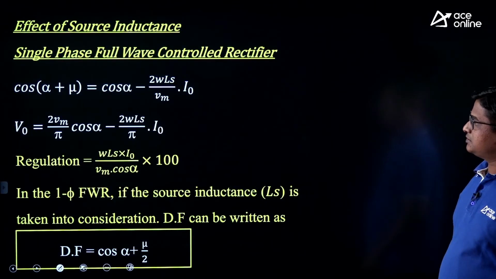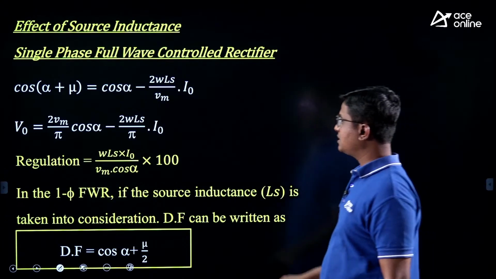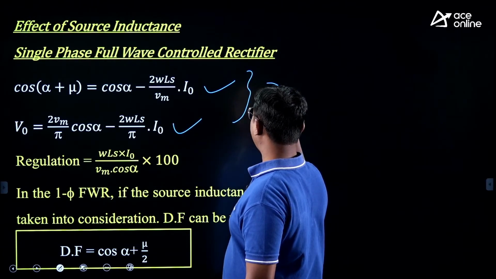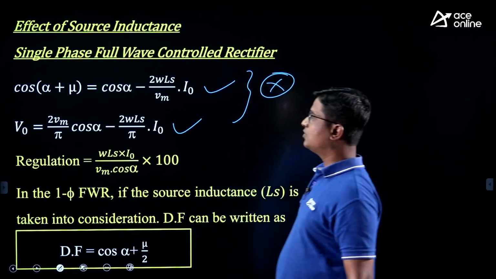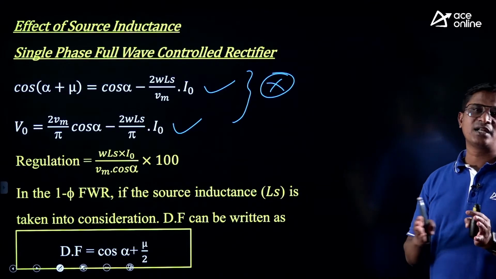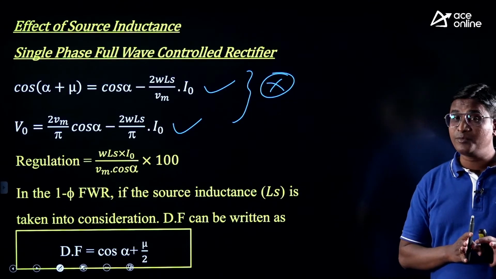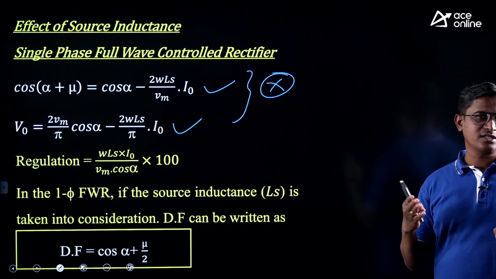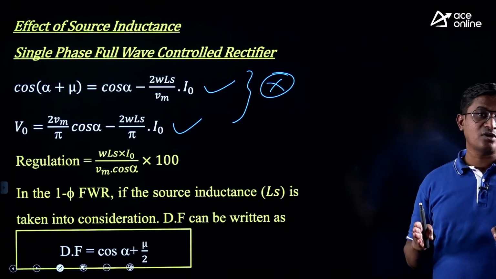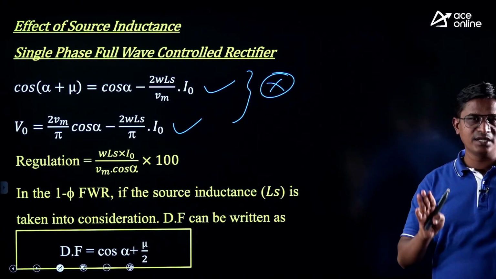Next, effect of source inductance. These are the important expressions. But as far as your examinations are concerned, these expressions are not important. The only thing is, they have asked some questions like, if source inductance is present, then during overlap angle mu, how many SCRs will be in conduction mode, etc. What is the effect of source inductance on output voltage? Your output voltage decreases.